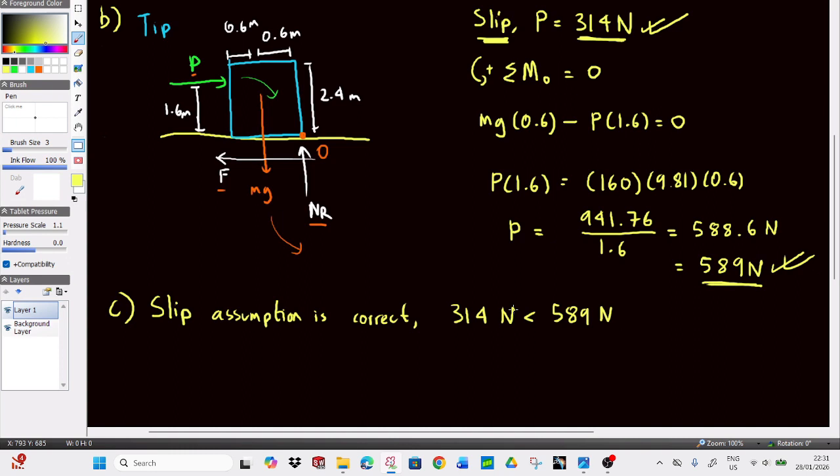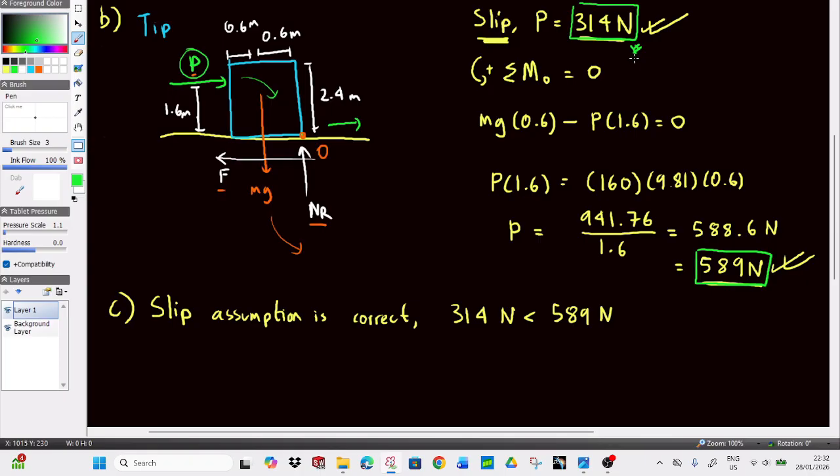Because this person who's applying the force P, for a heavy crate, is more likely to push the box forward. From our logical understanding, he's more likely to push the box forward rather than tip it, since you need a lot of force to tip the box at point O. Whereas if he wants to make the box move, he just needs to exert a force of 340 newtons or more.